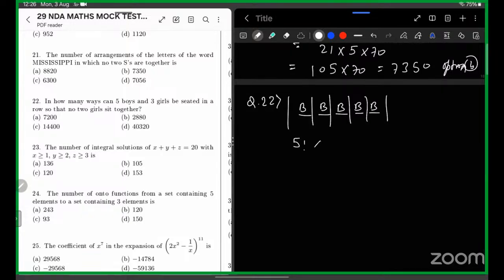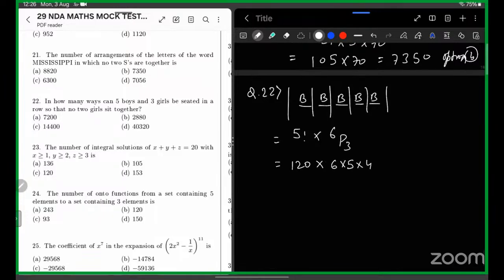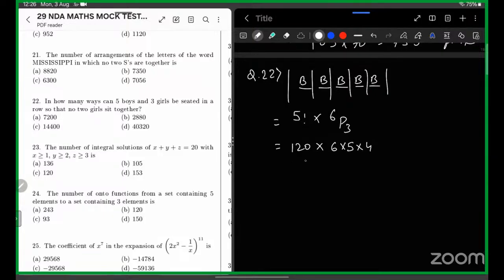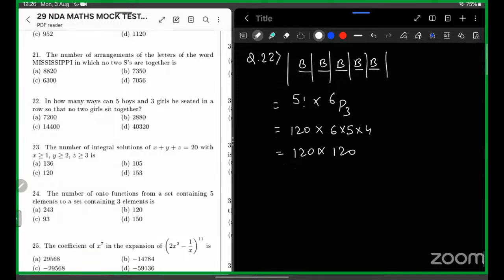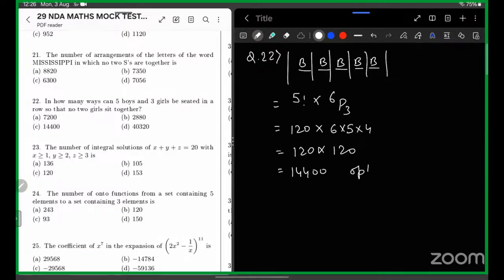So 5 factorial for boys into 6P3 for girls. 5 factorial is 120, into 6P3, which is 6 into 5 into 4. ओके, ये कितना हो गया? 120 इंटू 120, 14400. That is option number C.